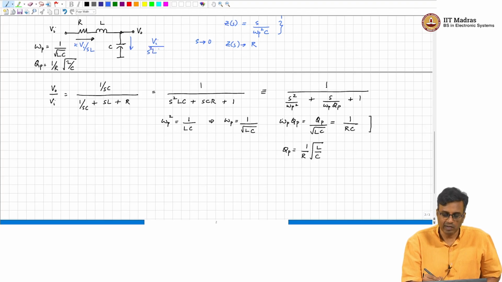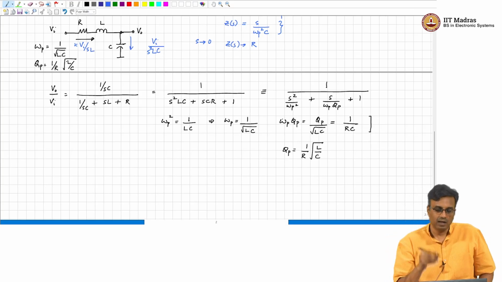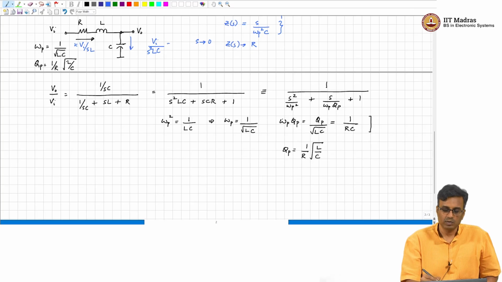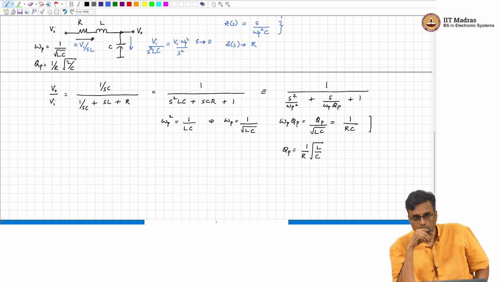So, this is Vi over S square LC, and this must be equal to Vi times omega p square by S square. So, omega p is equal to 1 by square root LC, and that makes sense because we have also done it by writing the whole long expression. Is that clear? All right.